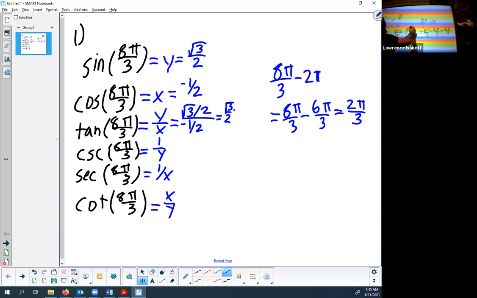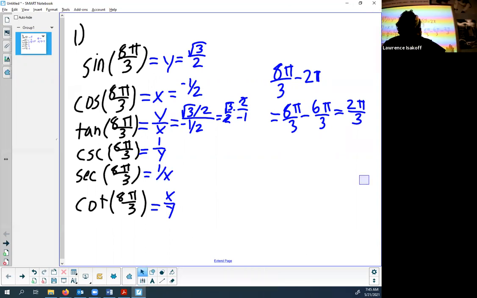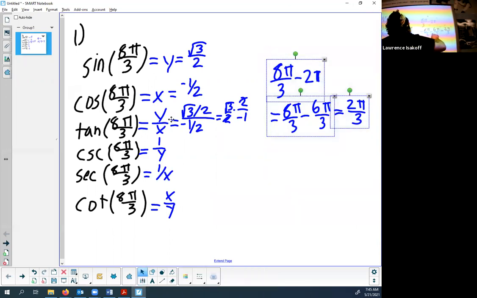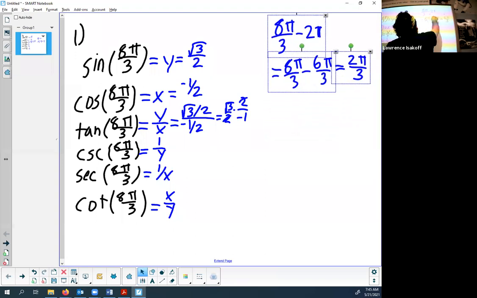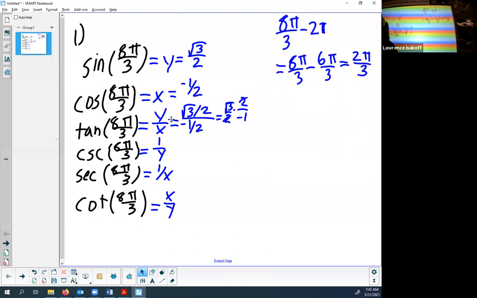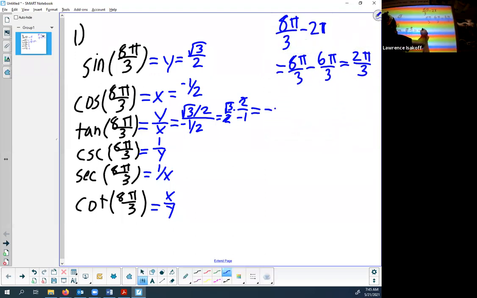So that'd be 2 over -1. 2's cancel. So tangent is, let me move this work up just a little bit so I have more room to write, just going to be negative root 3.